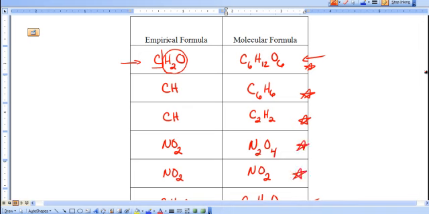In this case, it was the exact same formula. But the basic idea is that you had to divide through by a certain number to get back to the empirical formula. Now we're going to take this empirical formula and figure out what number we multiply it by to get it back to the molecular formula, because that's generally what you're looking for. So what number are we going to have to multiply this empirical unit by?